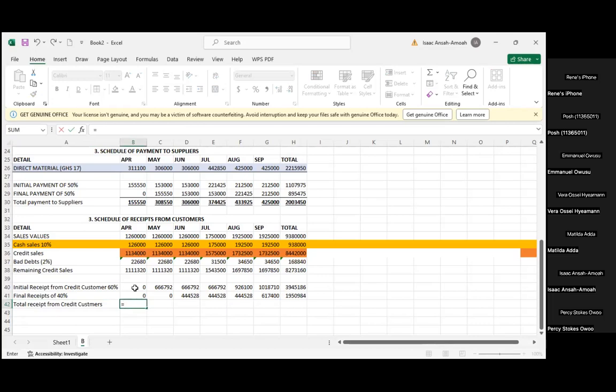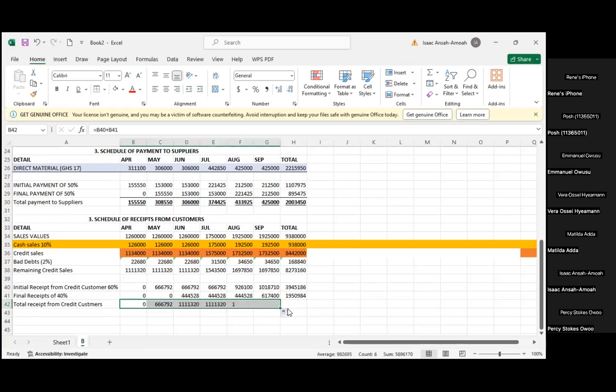So it will be this plus this, which is a 0, because there was no figure there. When it comes to May, it will be the initial plus the final. If you come to July, the initial plus the final, all throughout the periods.